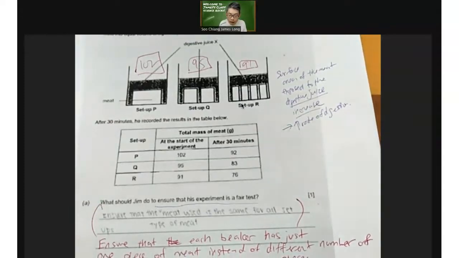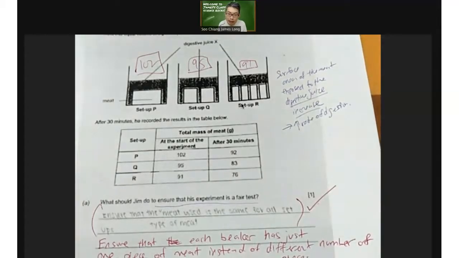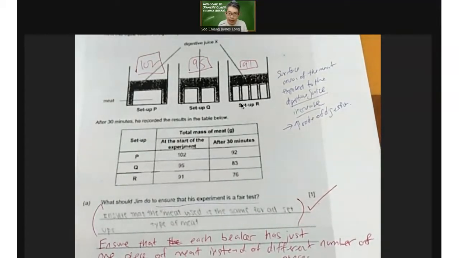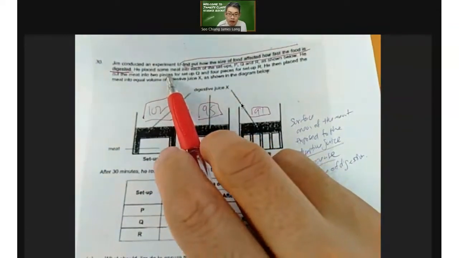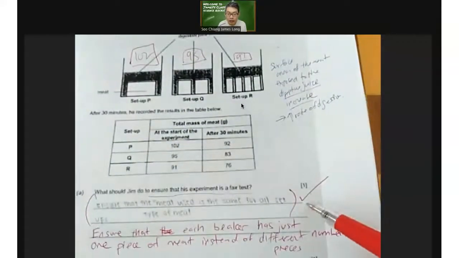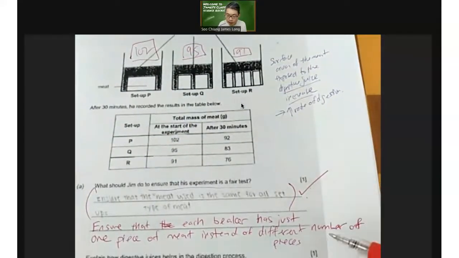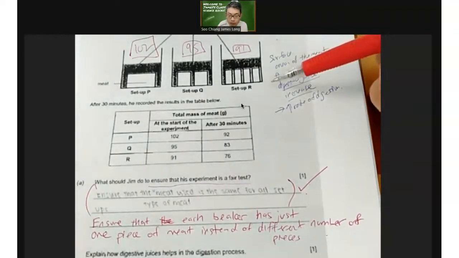Kind of no choice, right? Yeah, so we have to accept it. But that's not because the answer is the best. It's because the question wasn't tight enough to rule out this answer. If the question had said that he placed the same kind of meat into each of the setups, then this answer cannot work. And this is actually the best answer. Not because it's mine, but because of the way I've explained to you.